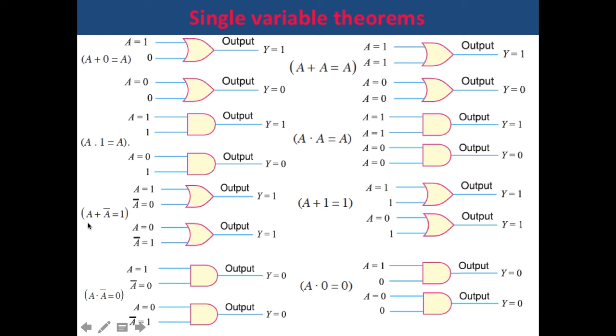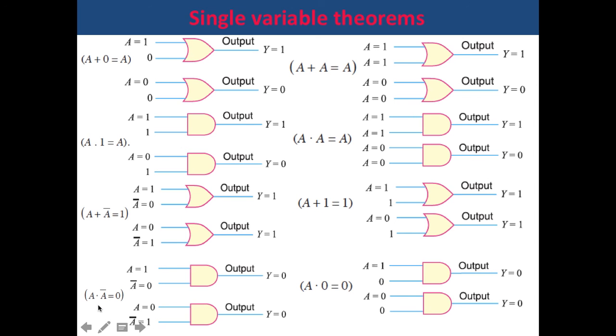Third theorem is A plus A bar is equal to 1. So if we take A is equal to 1 plus A bar, it means opposite of A, inverting of A. So 1 plus 0, this is OR gate, 1 plus 0, 1. Here also 0 plus 1, 1.